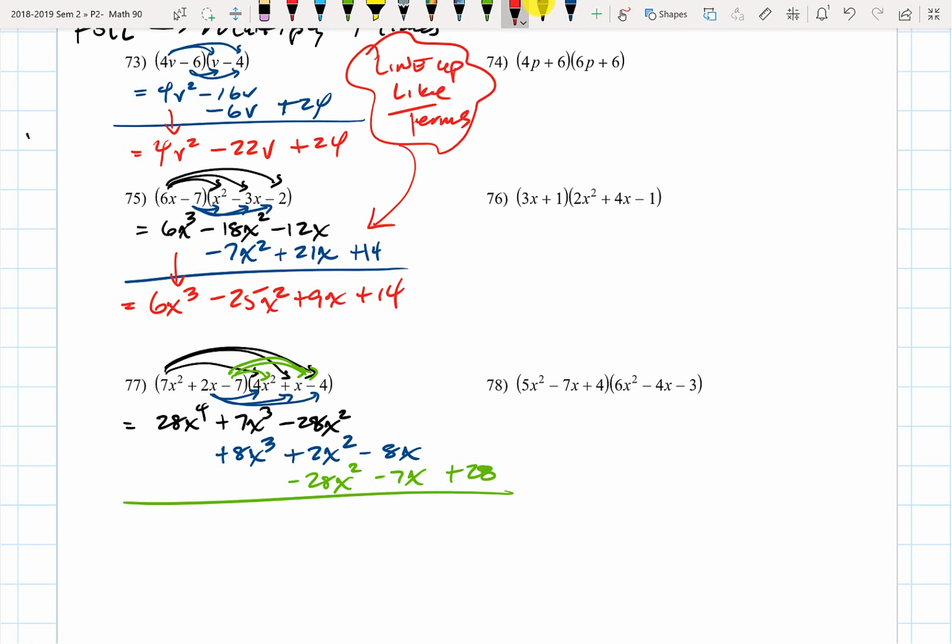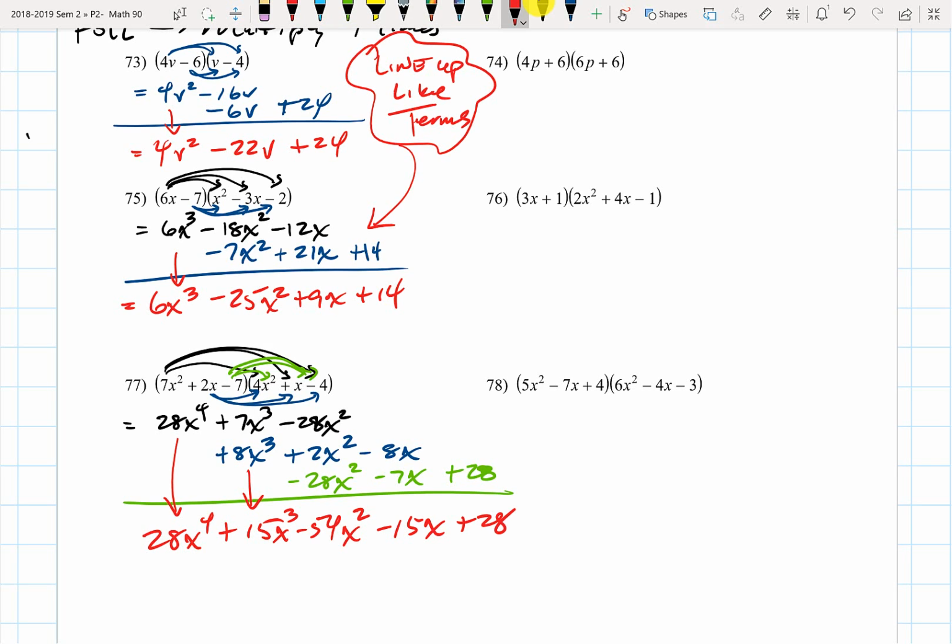All right, and then what do we get? We get 28x to the fourth plus 15x cubed. Let me see. So on this one here, a negative 28 and negative 28 is negative 56, and then plus 2 is negative 54, so negative 54x squared minus 15x, and then plus 28.